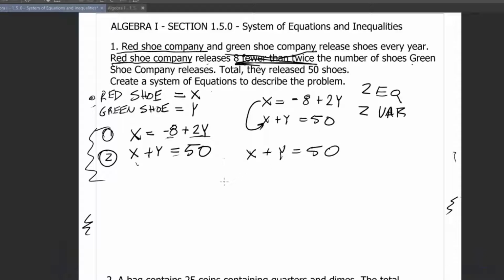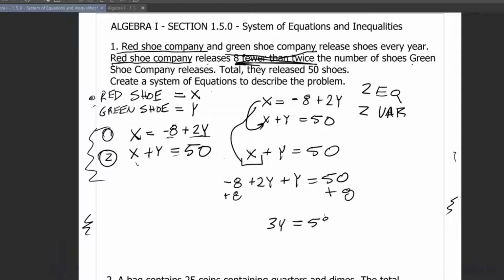We plug in that X, minus 8 plus 2Y, plus Y equals 50. Then we do some solving here, plus 8, add the two Y's, 3Y equals 58, Y equals 58 over 3.